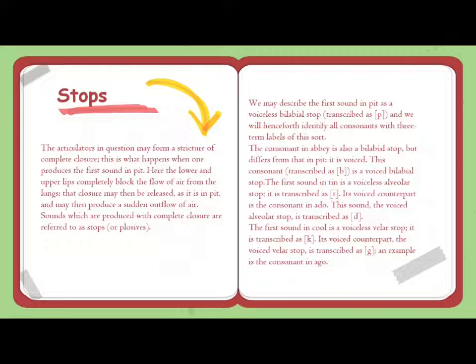The first sound in cool is a voiceless velar stop. It is transcribed as k. Its voiced counterpart, the voiced velar stop, is transcribed as g.